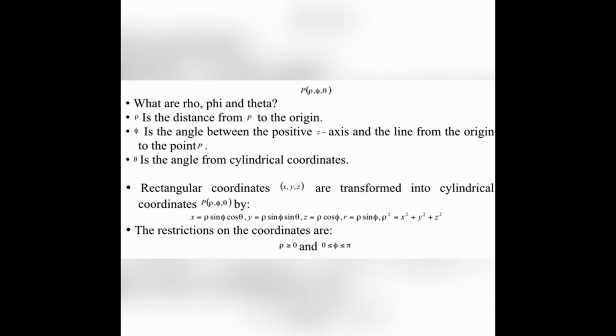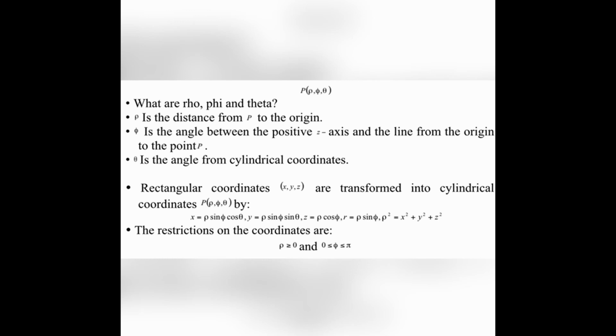So, what are rho, phi, and theta? Rho is the distance from point P to the origin. Phi is the angle between the positive z-axis and the line from the origin to the point P. And theta is the angle from cylindrical coordinates.